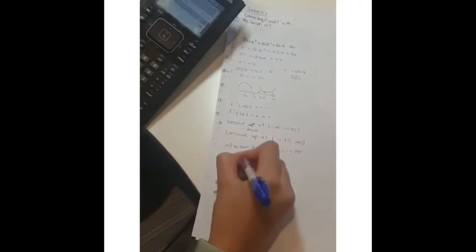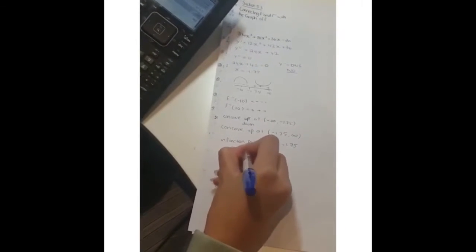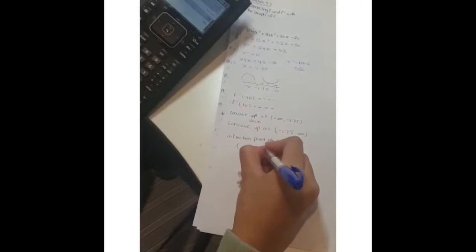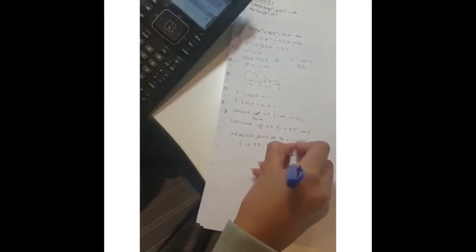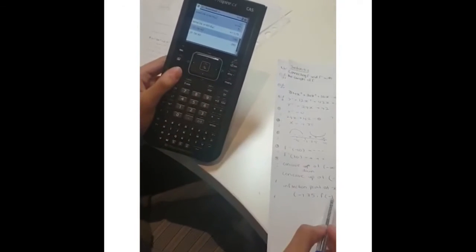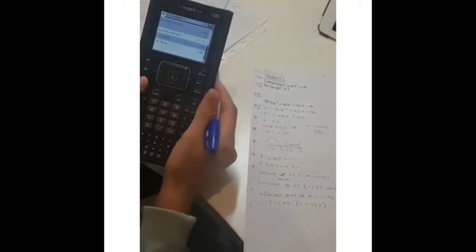Therefore, we're going to find negative 1.75, and in order to find the y value, it's going to be f of negative 1.75. So now let's write f of negative 1.75 in the calculator.